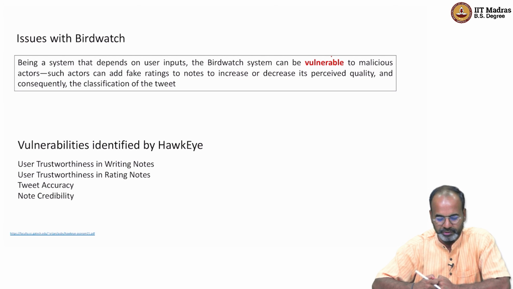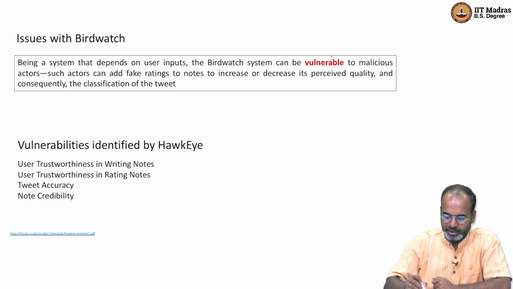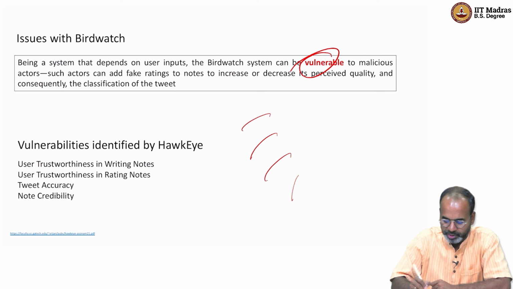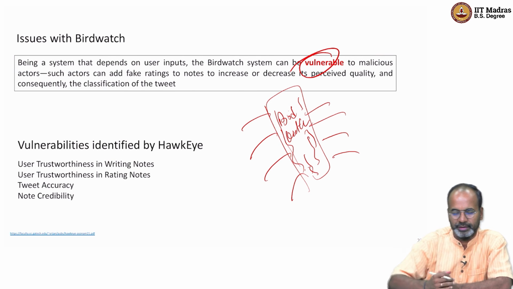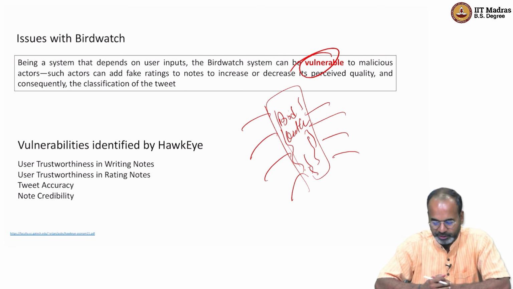Being a system that depends on users' input, the Birdwatch system can be vulnerable to malicious actors. There could be like 20 people who come together on Twitter and write the same kind of notes for tweets, saying all of them are good. It can be actually misleading. That's what vulnerable to malicious actors means here. Such actors can add fake ratings to notes to increase or decrease the perceived quality of the content.